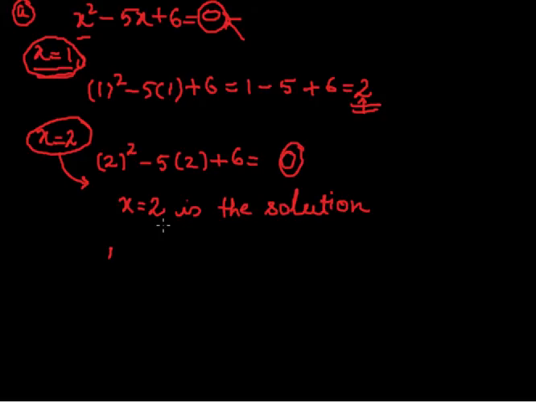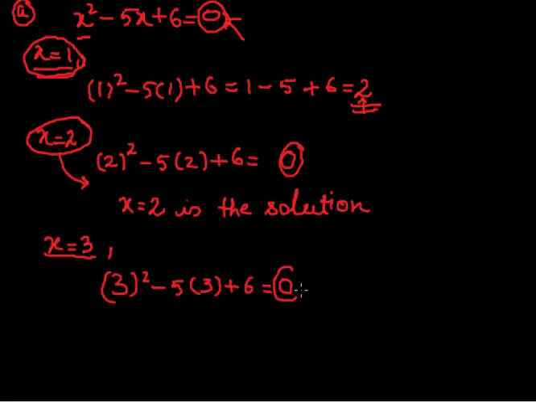But we know that this is a quadratic equation, and for a quadratic equation the number of values of the variable is 2. Now come on to the next value, x is equal to 3. If we put x is equal to 3, we'll get 0 again.